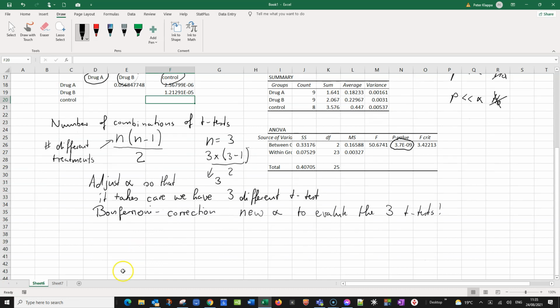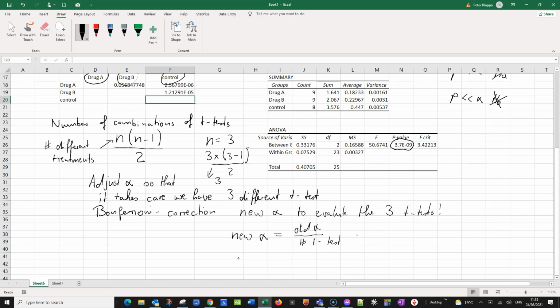We just take our new alpha equals the old alpha, and divide it by the number of t-tests, the combinations of different t-tests that we could do.